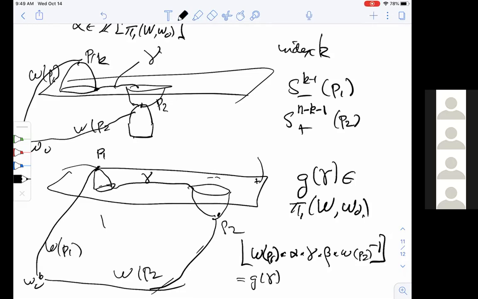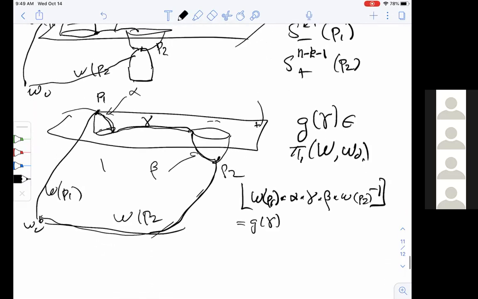I form a loop. I go up to P1. I come down the descending manifold to the initial point of gamma. Then I use gamma. Then I come back up to P2 in its ascending manifold, and then I close using omega P2. So this is alpha, and this is beta, and this is gamma. Alpha and beta are irrelevant because they lie in disks. Okay.